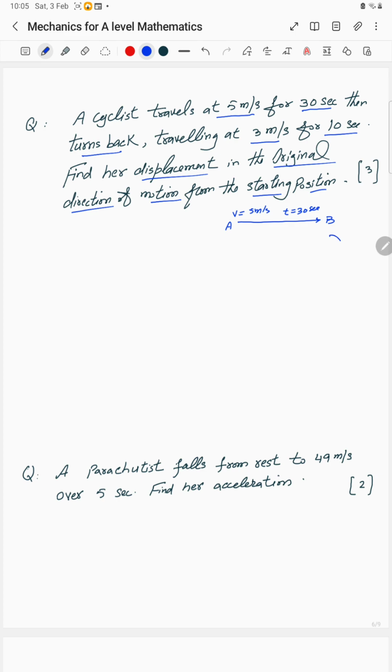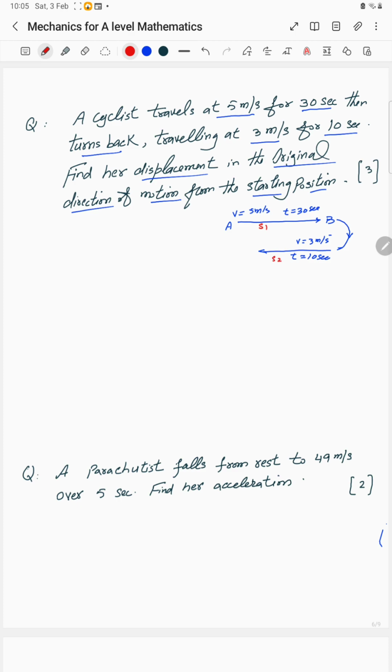And then it turns back and travels in the original direction. Speed is taken as 3 meters per second and time is taken as 10 seconds, right? This is the case study. We have to find the total displacement. It means the displacement covered in one direction and the displacement covered in the other direction.